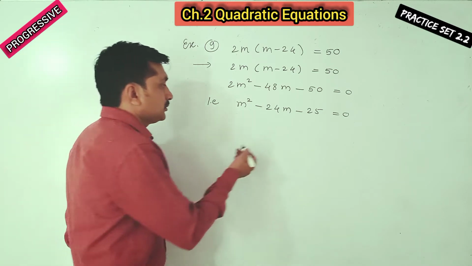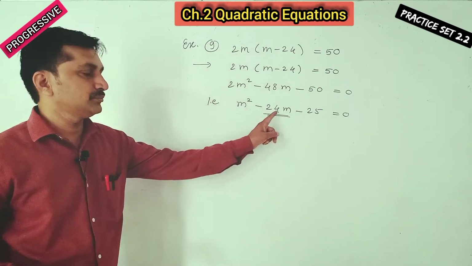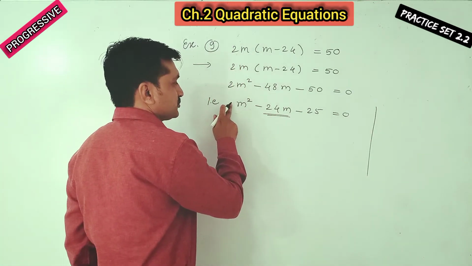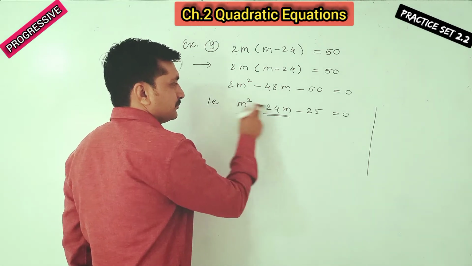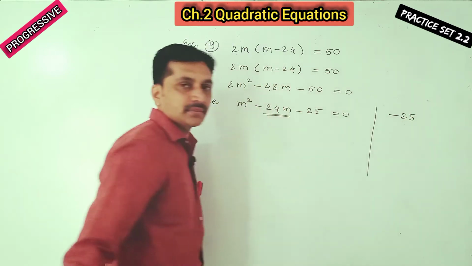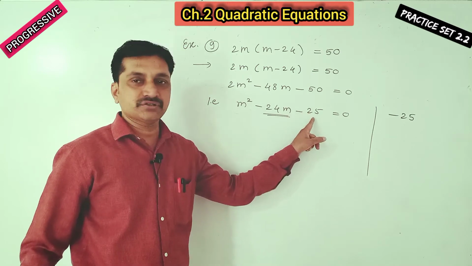Okay. Now method you know, we want to replace middle term by another. Therefore for that, product of first coefficient of first term m, here 1 and here minus 25, therefore minus 25. That is the first rule, that we have to multiply coefficient of first term and last term.